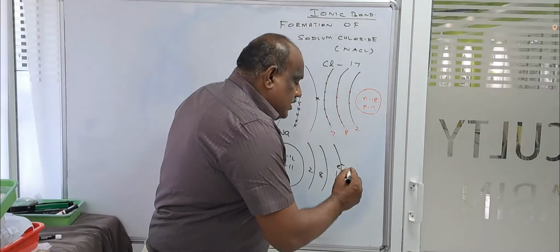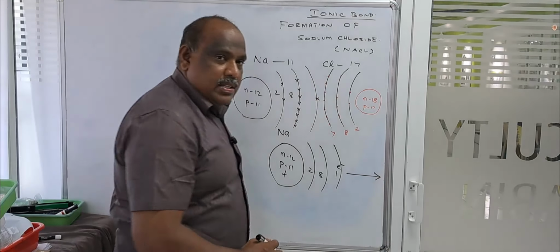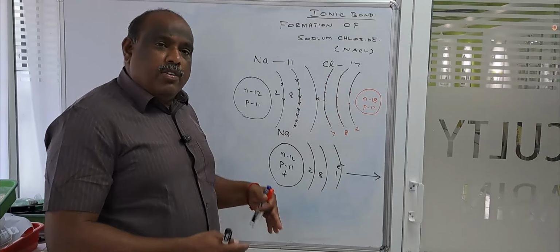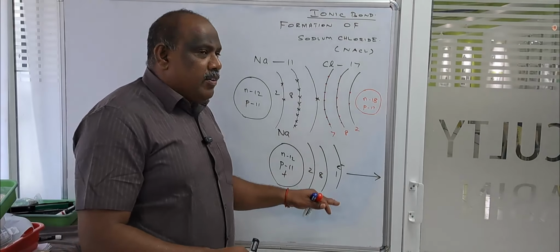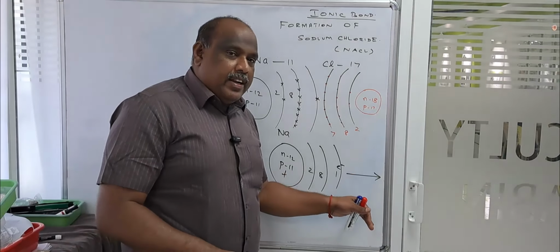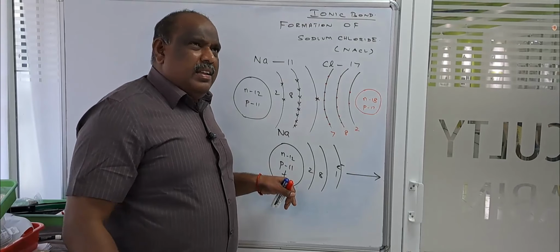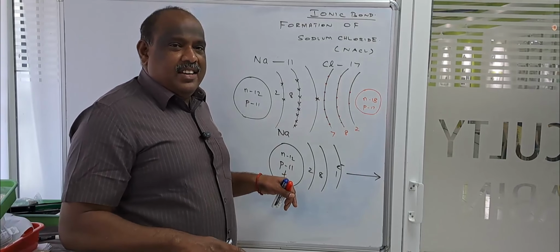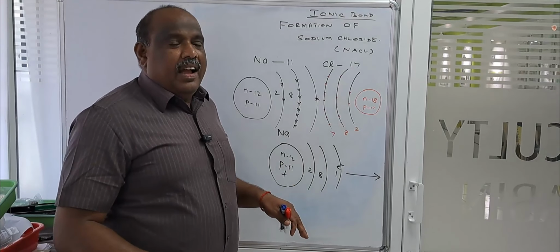So what is this energy called? I want to supply some energy to remove the 1 electron. When I remove 1 electron, what will happen to the sodium atom? I do not know about reduction or oxidation yet. What will this atom become?